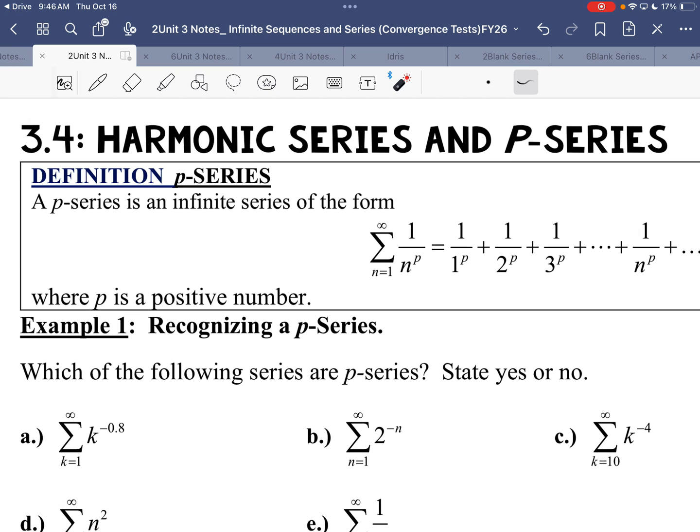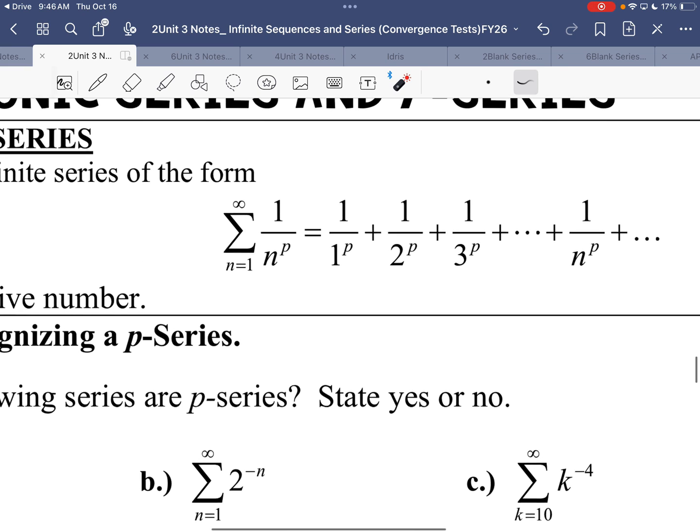This is kind of like geometric series, where they have a special way that they look. In geometric series, we had a number raised to the n power. This has to now be n raised to a number power, with only the n in the denominator.